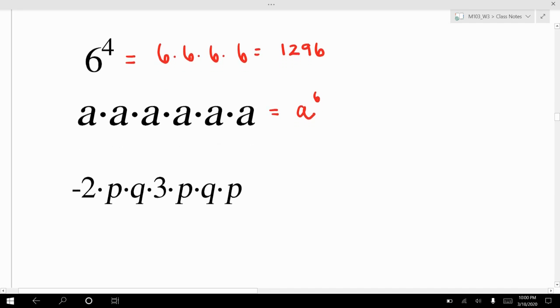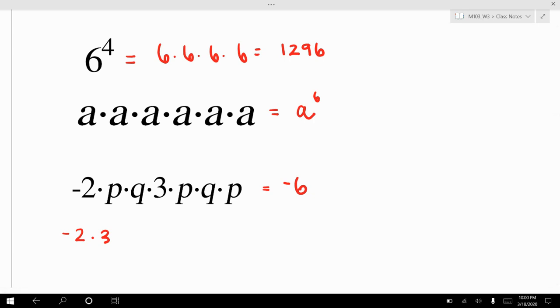For this last one, we've got a mix of numbers and variables. So the first thing that we want to do when we're writing a term, the coefficient or the number always comes first. So the first thing that we want to do here is the -2 times 3, which is -6. Then we want to write our variables in alphabetical order.